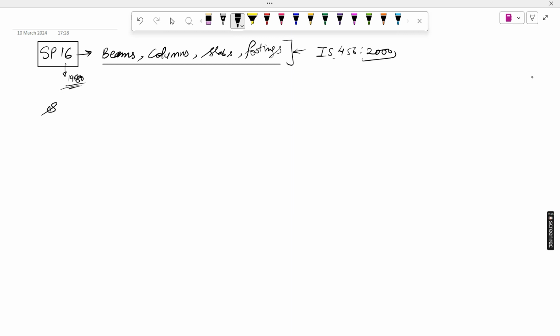For the static load, I repeat, we are going to design for static and moving loads as well. Static and moving, what does it mean?